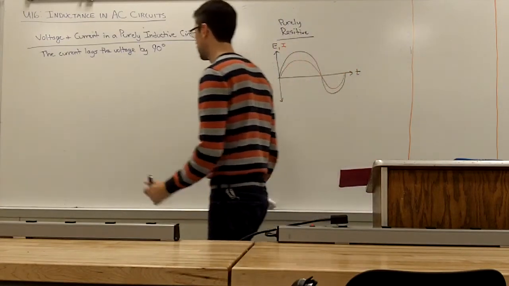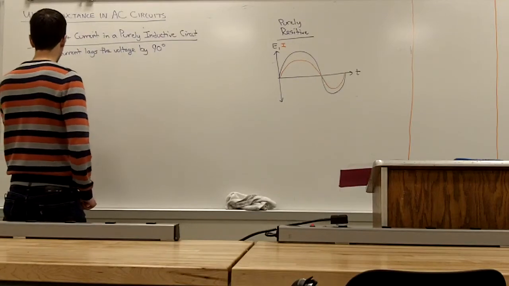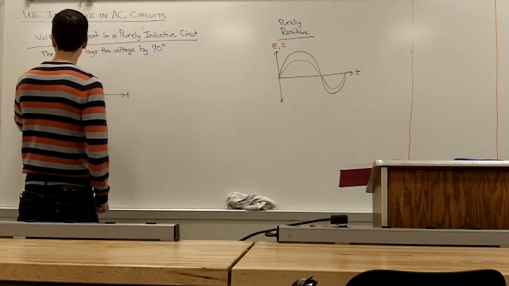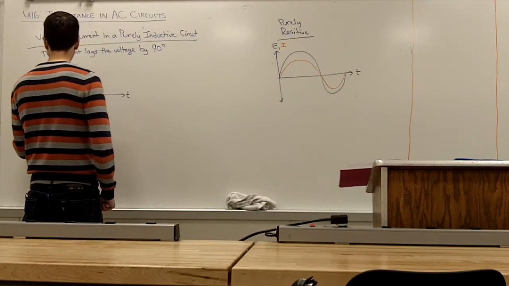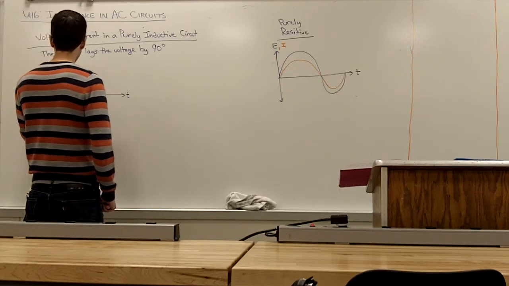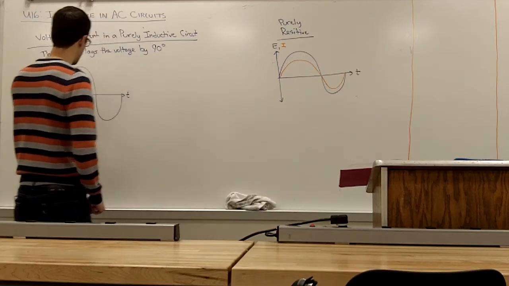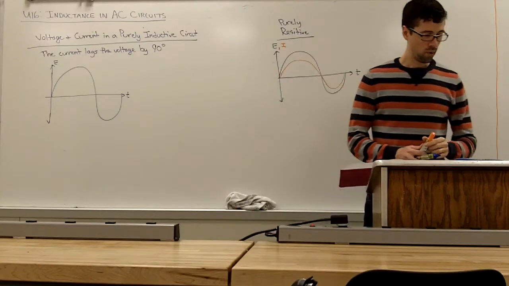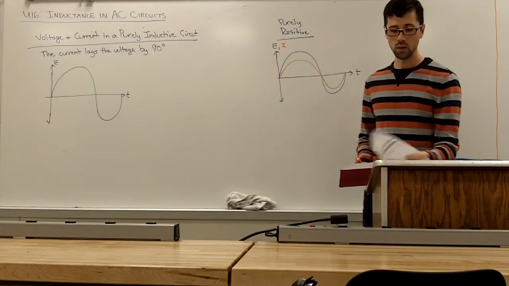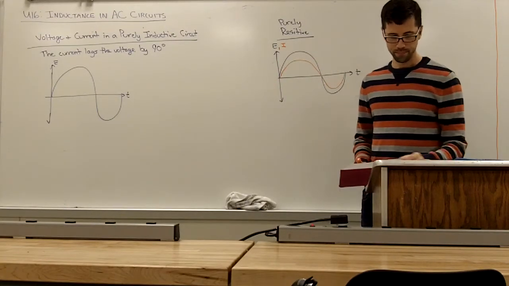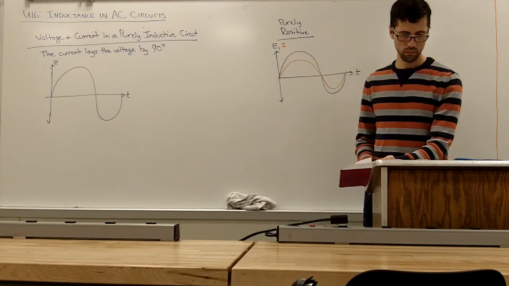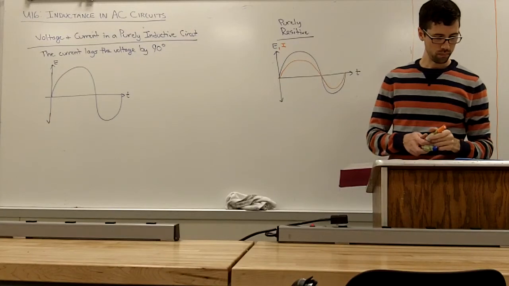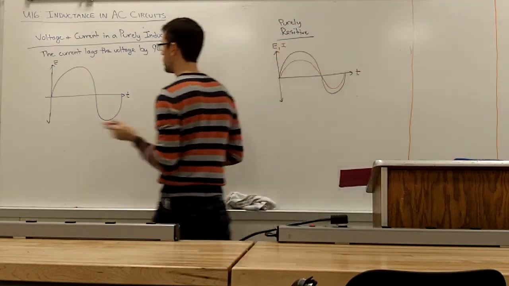So what does that mean when we graph voltage and current over time? We're still going to keep the voltage the same. Starts at 0, goes through a full sine wave, but the current is going to look different. Current is going to look something like this.